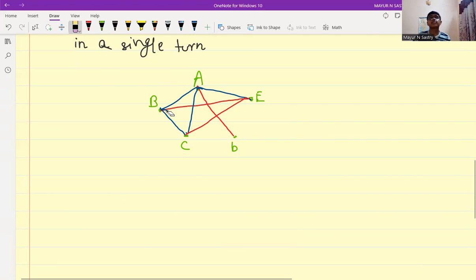We have in fact devised an algorithm for the first player so that he can win irrespective of the moves of the other player. So we have to write this down formally again, as we did in the previous case.